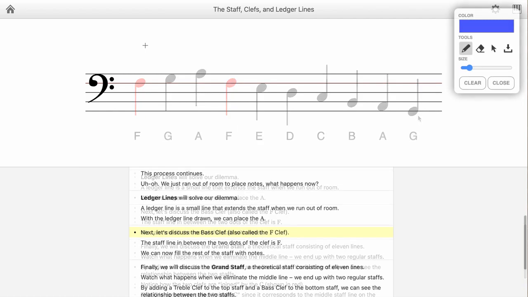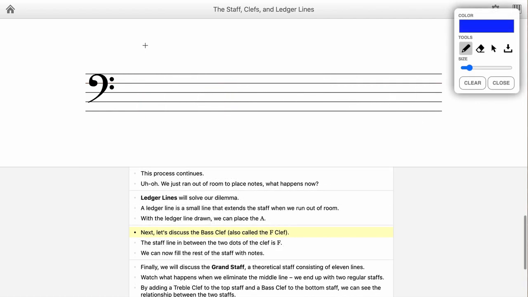Ledger lines work the same way in bass clef that they do in treble clef.